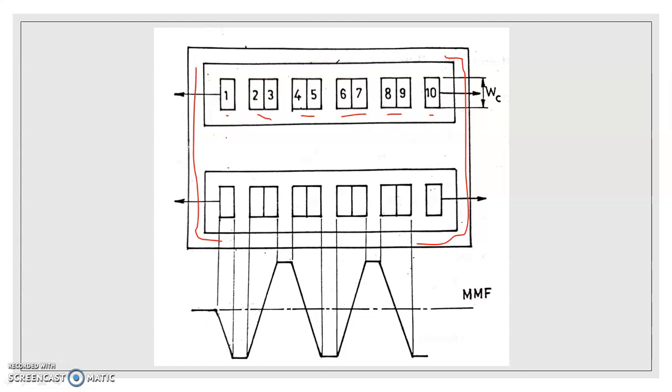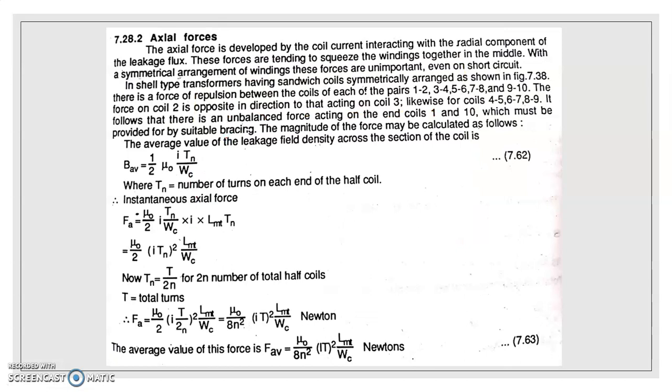Consider the force on coil 2 is in one direction; the force on coil 3 will be opposite to that of the second coil. Likewise, the forces will act oppositely for the pairs 4, 5, 6, 7 and 8, 9.